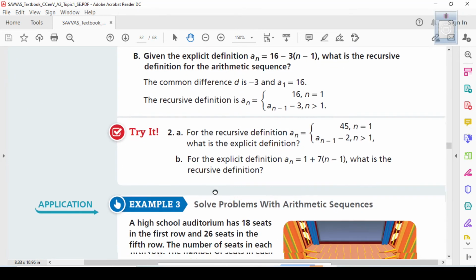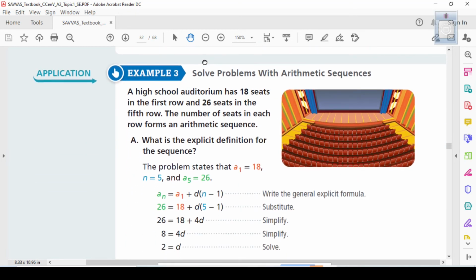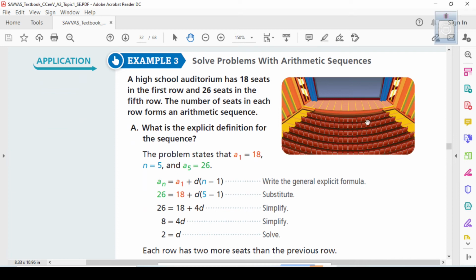Okay, when is this actually used in real life? Well, let's look at this auditorium, for example. We use sequences in high school auditoriums, like 16 seats in the first row, and then 26 seats in the fifth row, for example. So how are you going to find out the second and the third, etc.? Well, you could use sequences to help you with that.